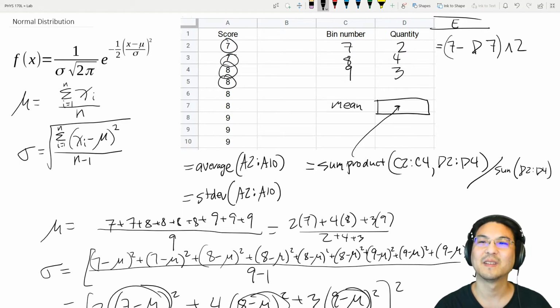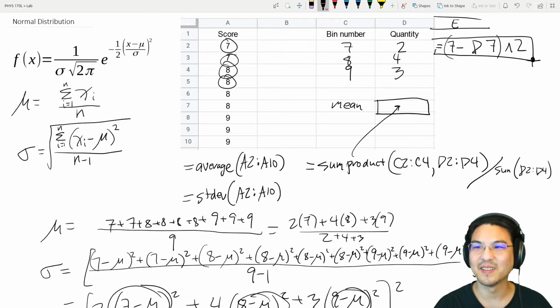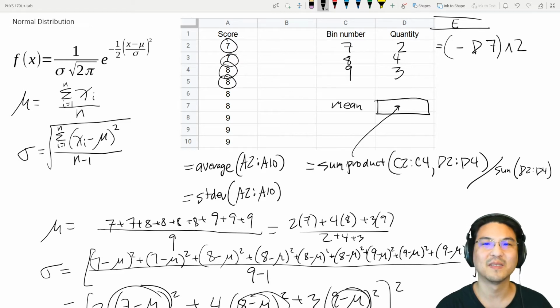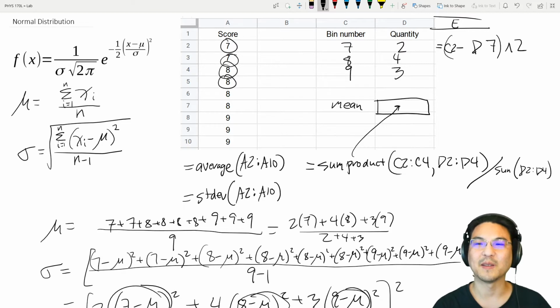So this is in cell E2. And then in a spreadsheet, you put your mouse in this bottom corner, and then you can drag the formula down. But instead of 7, this is cell C2. But if I drag the formula, this will change.